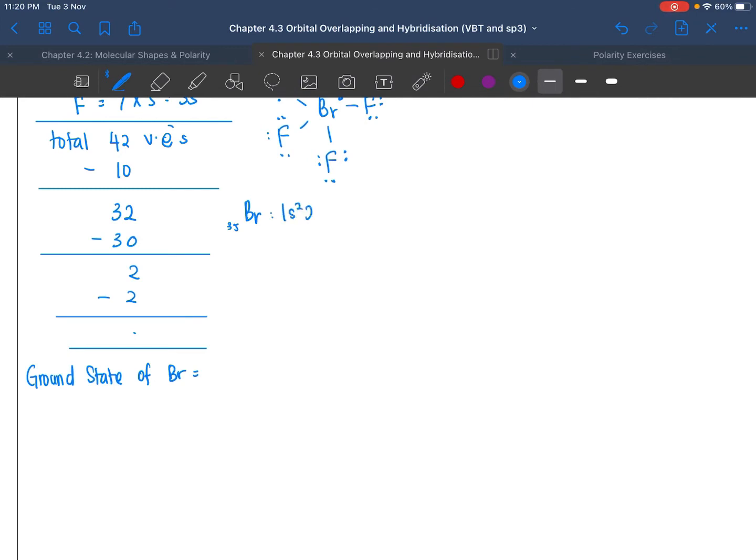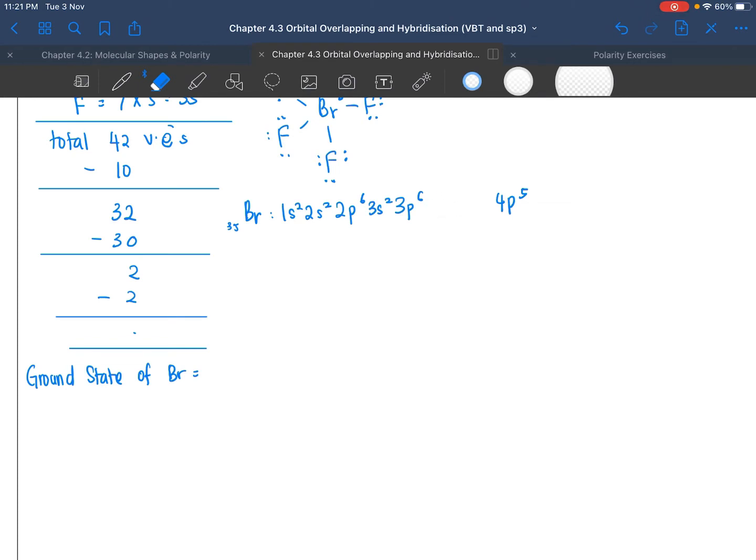So 1s2, 2s2, 2p6, 3s2, 3p6, 4s2, 3d10, baru cukup 30, and then 4p5. Okay, so dia punya valence electronic configuration, kita akan rearrange balik this one, kan kita belajar hari tu.